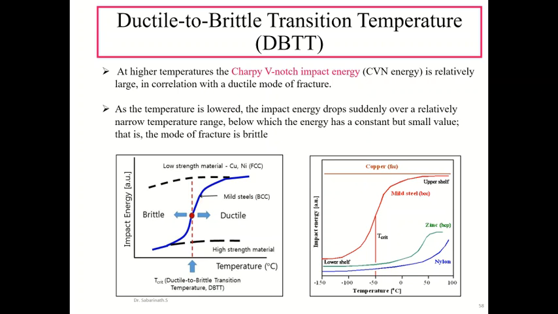But as the temperature is lowered, the impact energy drops suddenly over a relatively narrow temperature range, below which the energy has a constant but small value, that is, the mode of fracture is brittle.